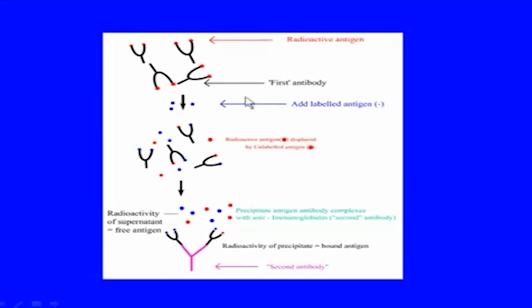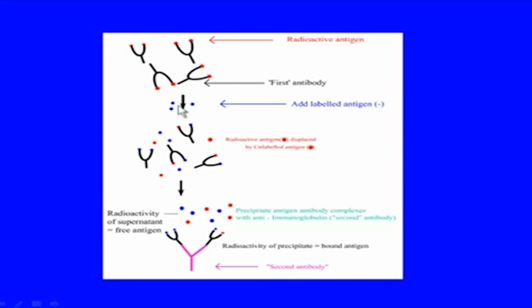Now, to explain that through a figure, if you see on your screen, there is an antibody here and a red colored antigen bound to it. That is a radiolabeled antigen, bound to what we call the first antibody, and this is hot antigen in terms of being radiolabeled. Now, what you do is add unlabeled or cold antigen, which is shown here with a negative sign.